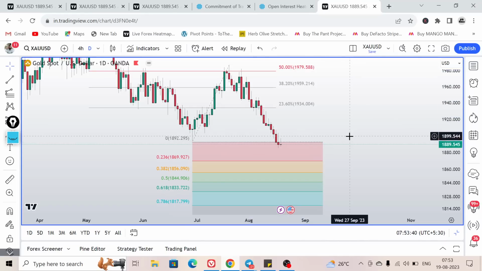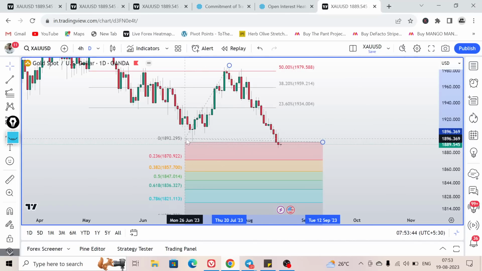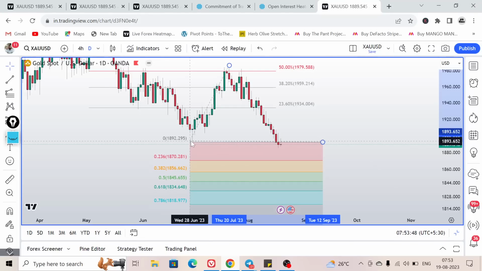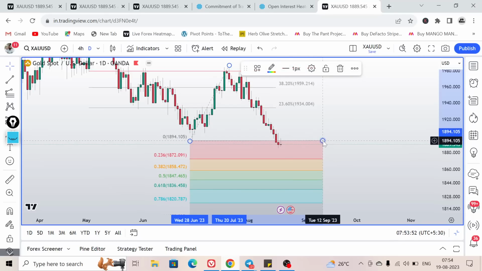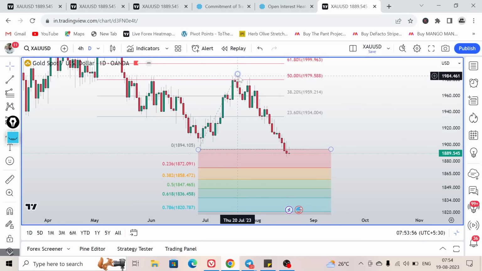And this right over here, okay, this one right here, roughly we can take this. So as you can see, price is rejecting and the extension can possibly go to 1871 to 1872.